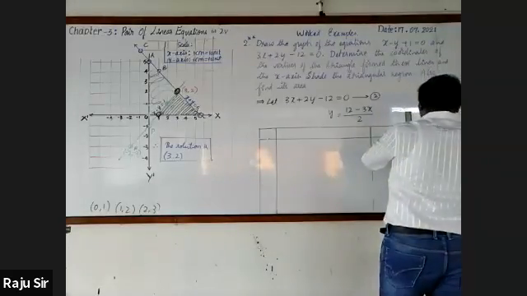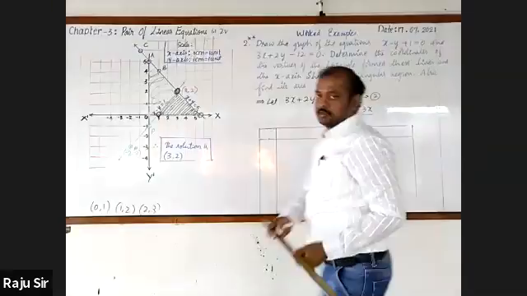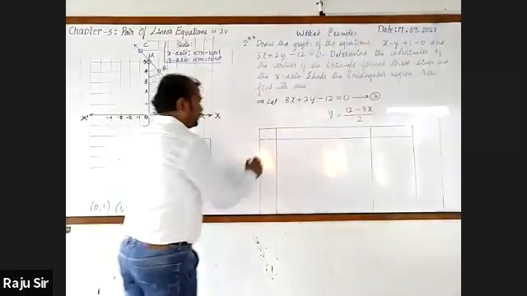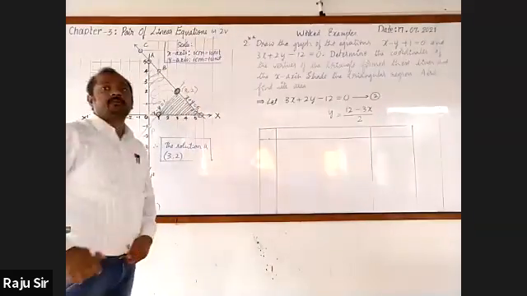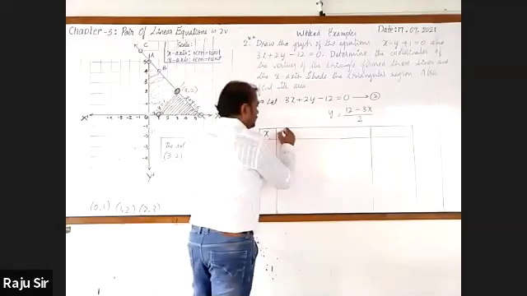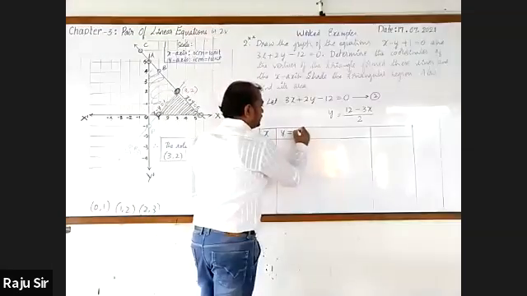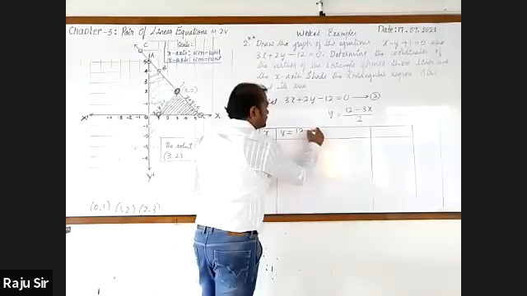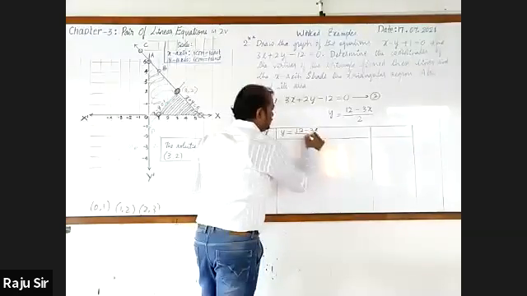The third one is for coordinates. It is x. Next, y of x, that is 12 minus 3x whole divided by 2.